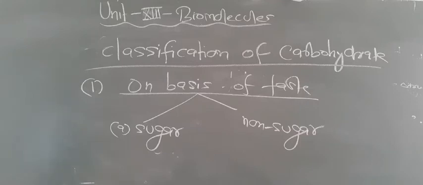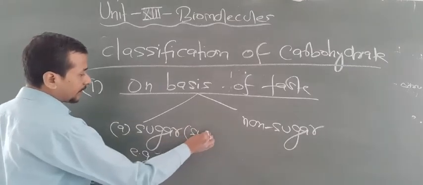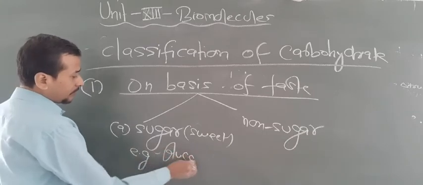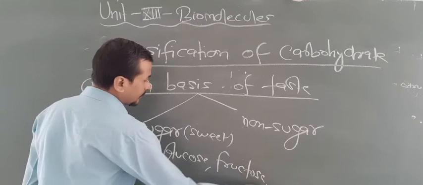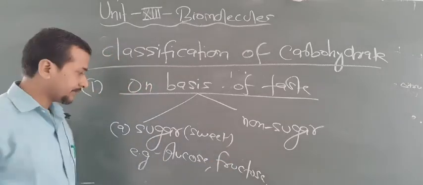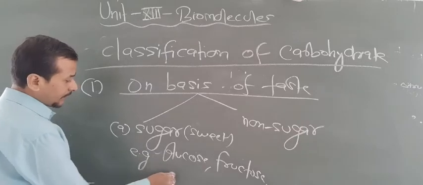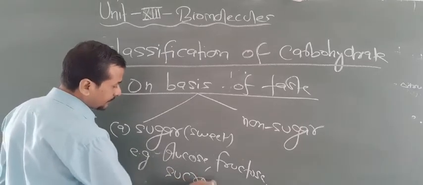So glucose, fructose, sucrose. The examples of sugar, you can also write, are sweet in nature. For example, glucose, fructose, which is also known as fruit sugar. Glucose is also known as blood sugar. Sucrose is also known as home sugar.